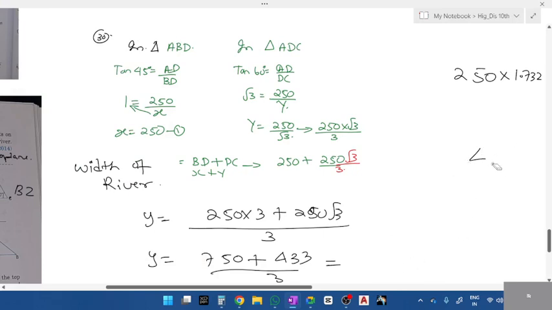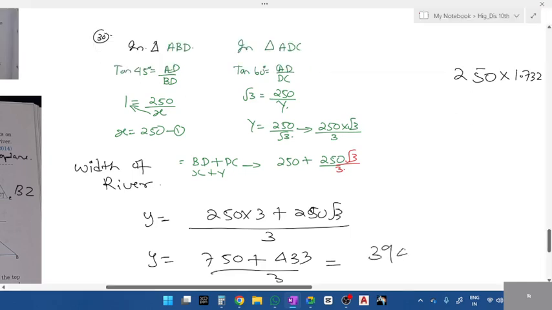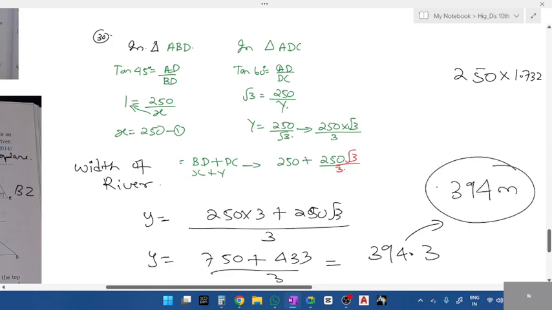Bit lengthy, try it later. 3 is lesser than 5. Therefore, this will remain as it is. 394 meters is the answer. Width of river is X plus Y. Don't write X plus Y, later convert it into width of river.